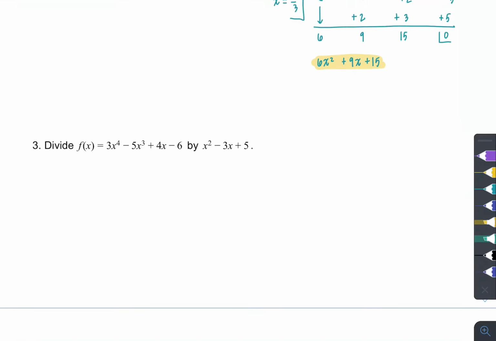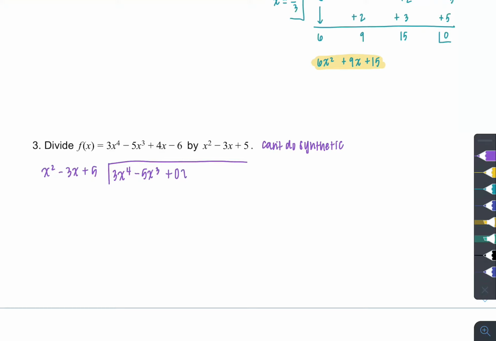All right, so for this one here, because of this x squared, we can't do synthetic. So we are going to have to divide using long division. So we've got 3x to the fourth minus 5x to the third divided by x squared minus 3x plus 5.